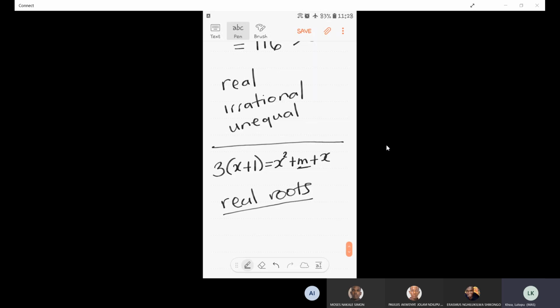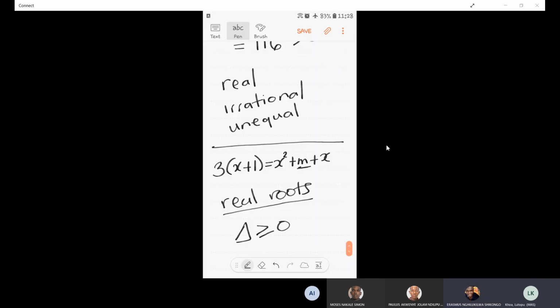Real roots means that the discriminant is greater than or equal to 0. So we will again rewrite this in standard form, and then we work out the discriminant and make sure it is greater than or equal to 0.